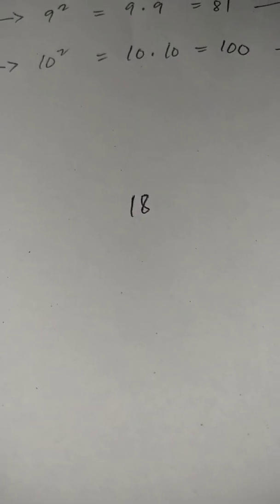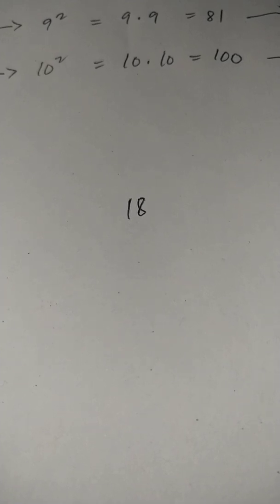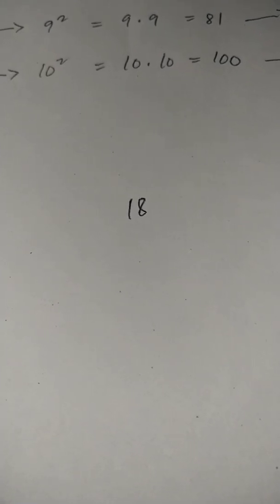So 18 is not a perfect square. But how to extract the square root of a non-perfect square number? The answer should not be in decimal, meaning we do not need to use a calculator.